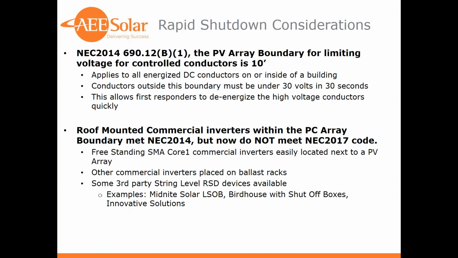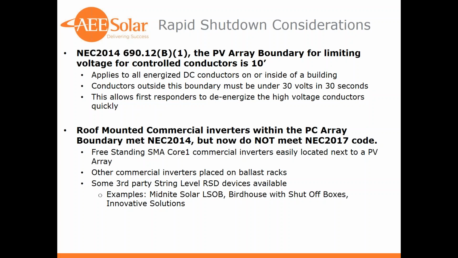Rapid shutdown considerations. As we have been dealing with for quite some time, rapid shutdown. So we all know the NEC 2014, most states are moving to 2017, but 2014 was string level rapid shutdown and applied to all conductors outside a 10-foot boundary for the array. So for conductors outside that boundary, we need a string level rapid shutdown solution, and oftentimes for commercial applications, that was met by locating the inverters up and amongst the array.